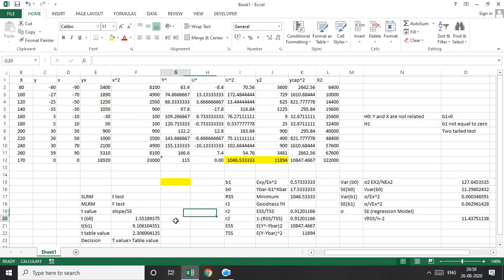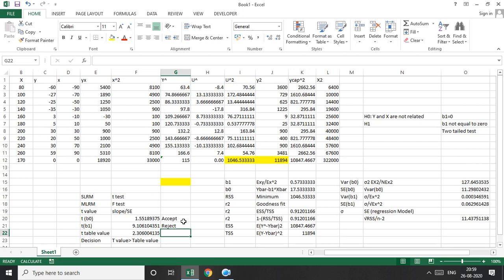Look at this one: the actual value is 1.55 and the table value is 2.30. The actual t value is not greater than the table value, so we have to accept the null hypothesis. Here in the second case we have to reject the null hypothesis.